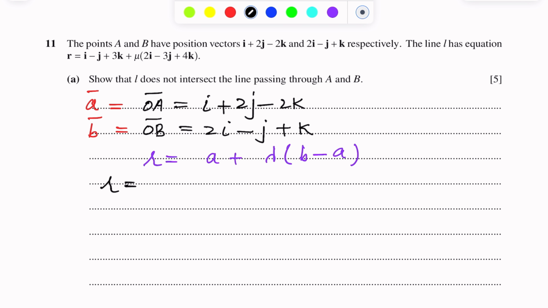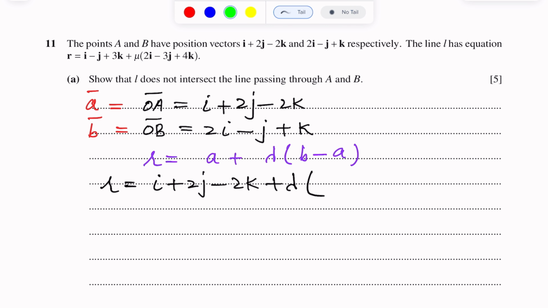r is equal to a, which is i plus 2j minus 2k, plus lambda into b minus a. This is b, this is a, b minus a we will subtract and write here.